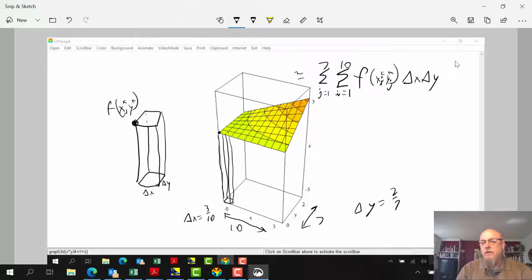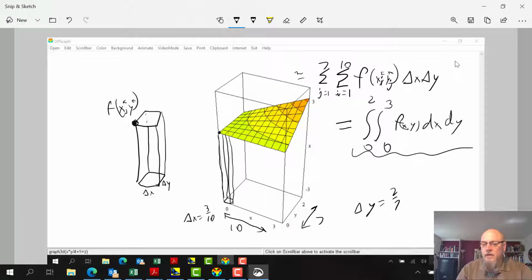And all we're saying is, when I take the limit as the number of rectangular prisms goes to infinity, so I replace this 10 with an n and let that go to infinity, replace this 7 with an m and let that go to infinity, the volume is then going to become equal to, now, our delta x goes to a dx, our delta y goes to a dy, those are the dimensions that shrink to 0, x goes from 0 to 3, y goes from 0 to 2, and now all I've got to do is mechanically figure out what that integral is.